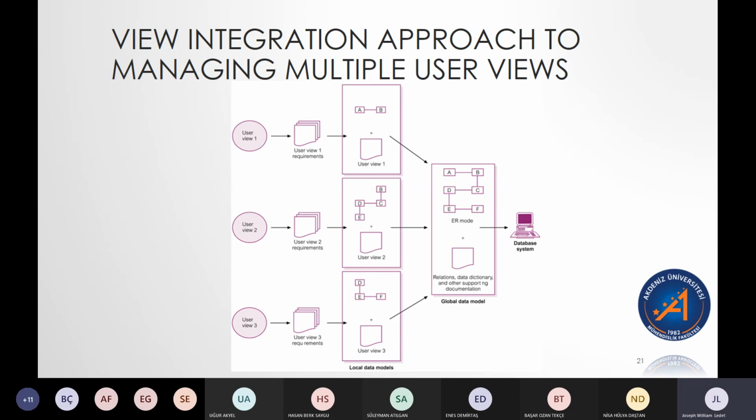Okay, I would say, generally speaking, if you have a lot of overlap between the 3 user views, let's say you had 3, where each of the designs kind of looks the same, then what you would want to do is probably merge the requirements first. That way you're not designing essentially the same thing multiple times.